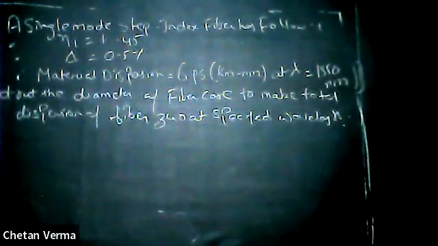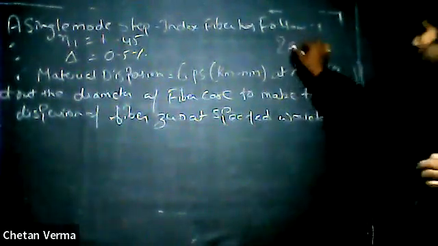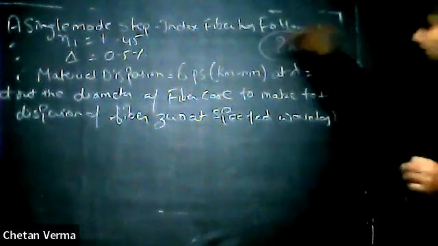Find out the diameter of the fiber core, that is, you have to find out 2a, which is equal to d, the diameter of the fiber core.